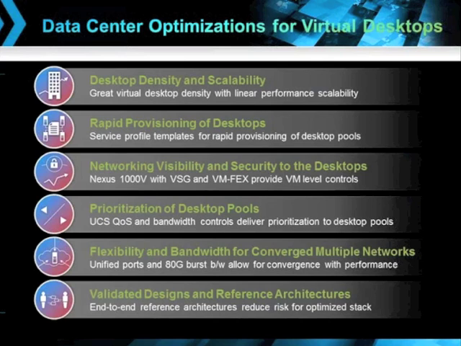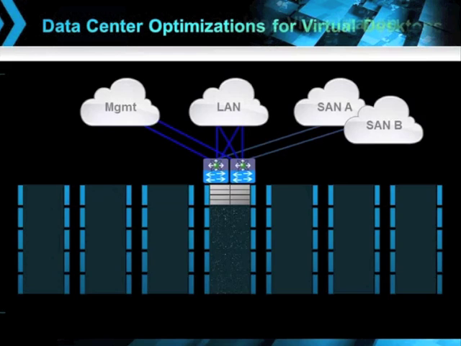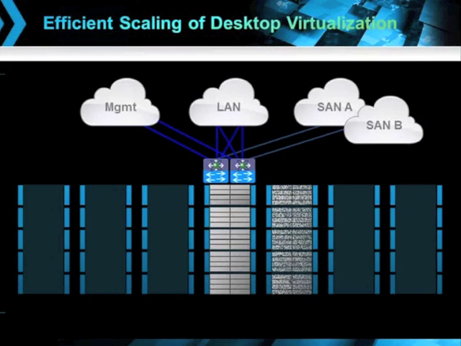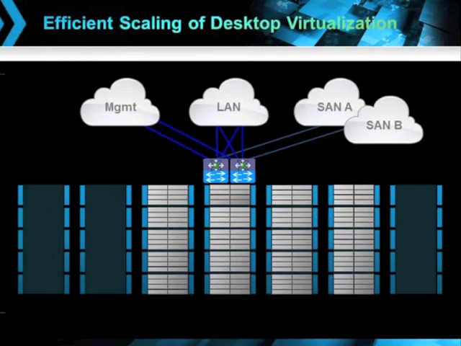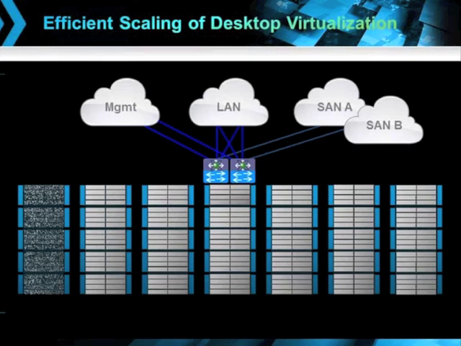So from an optimization perspective, when we talk about desktop density and scalability, what we're talking about is an architecture whereby we have centralized management and control from network infrastructure components that are part of the UCS system that can scale out as the organization further adopts the various compute elements for their VDI infrastructure. In terms of management, it would be a centralized management interface.